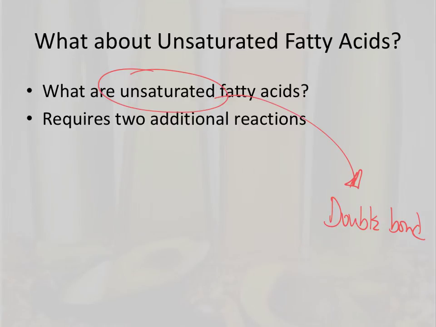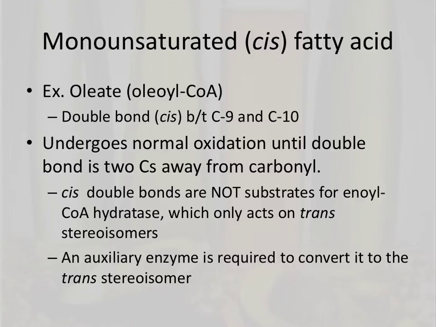because it doesn't fit in there. Right? We looked at something that had all carbons and hydrogens. So the first thing we're going to look at is a mono-unsaturated cis fatty acid. That means it's going to have one double bond in it. It's cis. All the naturally occurring ones are cis.